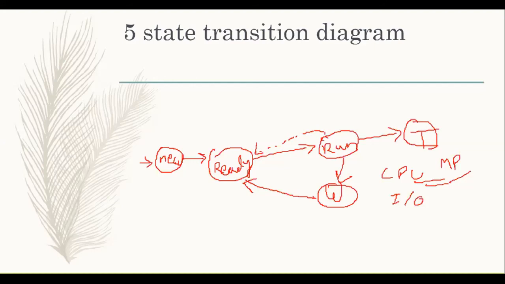And this becomes one important aspect of why we should have a direct arrow from the running state to the ready state. So we can say that yes, this is perfectly fine, that any process can move directly from running to ready. Now, this is the overall five-state transition diagram.